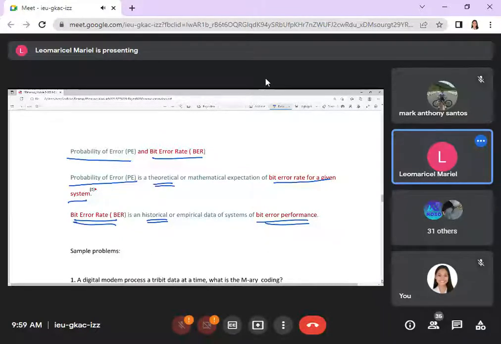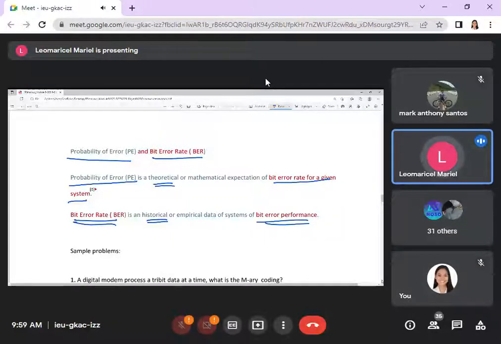Again, ang difference between the two is that yung probability of error, yun yung calculation na ginawa mo sa system, you are forecasting the error, pero the actual error that will occur is referred to as your bit error rate. Sundan? Similar yung dalawa, pero ito, actual yung sukat. Ito, theoretical lang kasi yun yung calculation mo. Sundan?